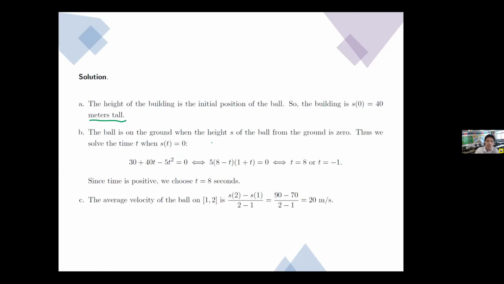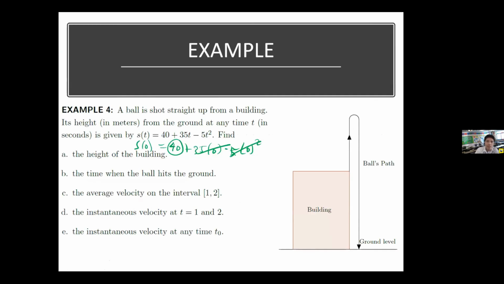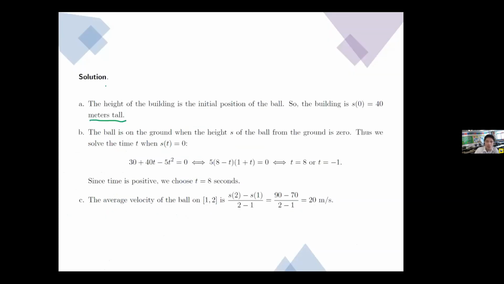Next, the second question. The time when the ball hits the ground. So, kanus daw ni hit sa ground. Pila ka oras. So, ang concept karon diha, how will you solve for that is, the ball is on the ground when the height of the ball from the ground is 0.